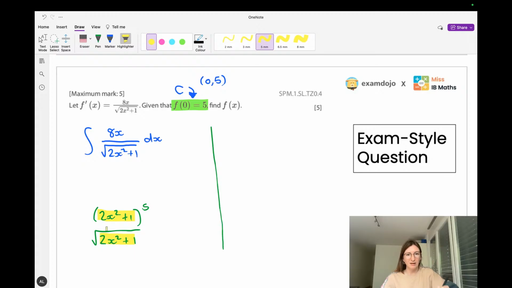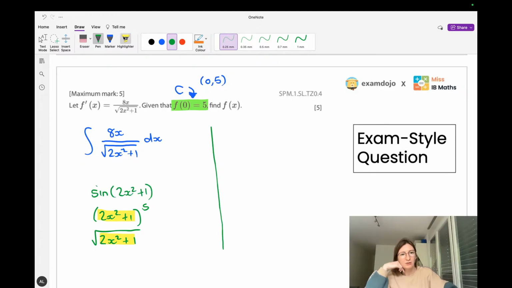When you have a function inside a function. Another thing could be inside the sine function, like we had earlier. Then you can see there's that inner function inside the sine function. What other ones do we have? Yeah, I can't think of any at the moment. But all these ones where you have a function inside a function is a hint that we're using u substitution.